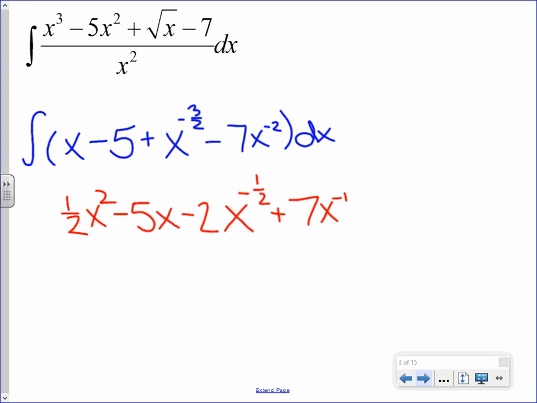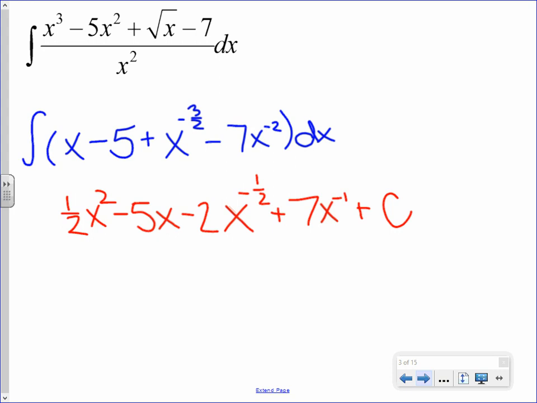Divide by negative 1 would make it become a positive 7. And then don't forget your lovely plus c. It is fine for you to leave your answer like that, or you can rewrite it to where there's no negative exponents. It really doesn't bother me one way or the other. But don't try to make it look like the original. You don't want to try to find common denominator or anything. We'll just leave it like this. Okay. All right.